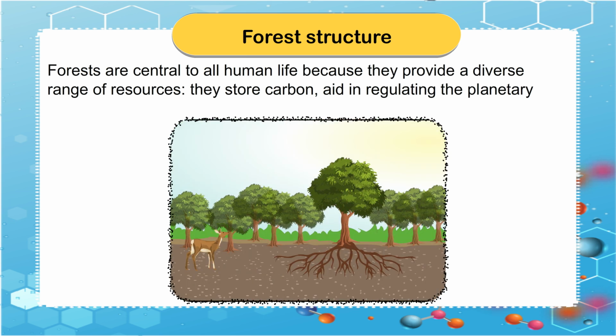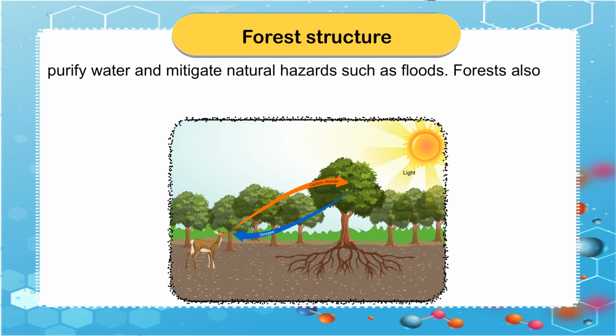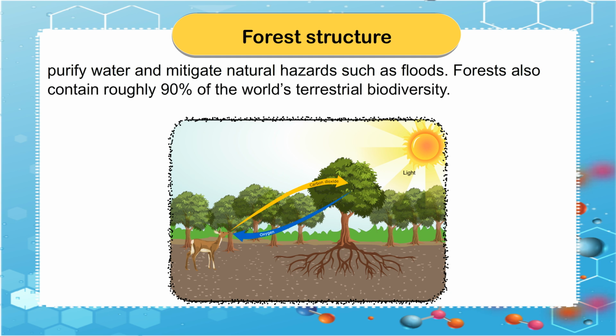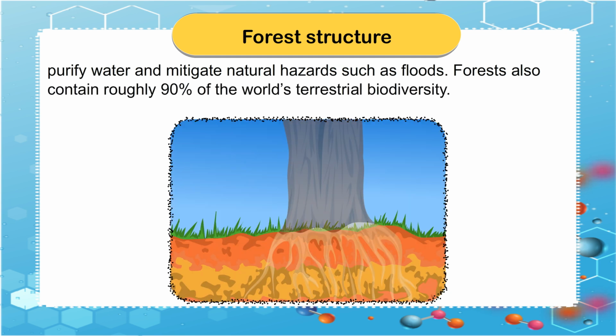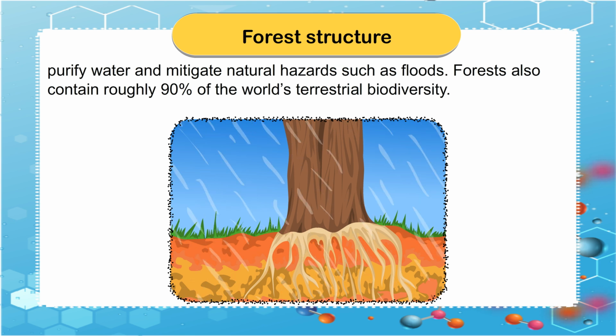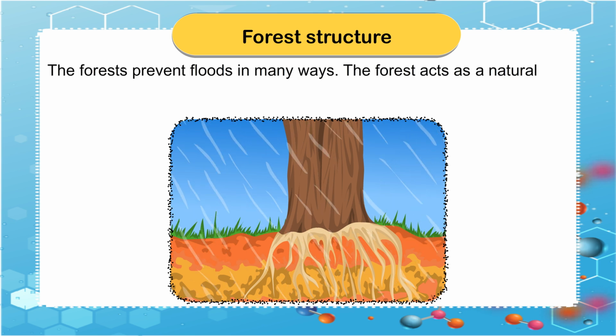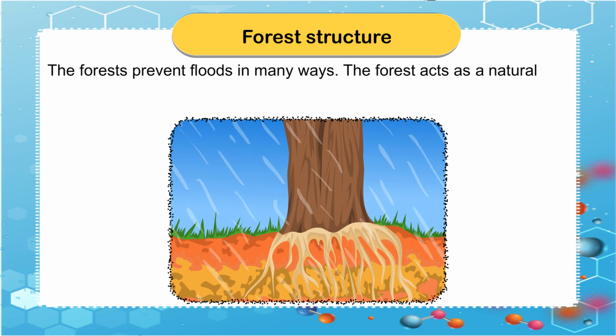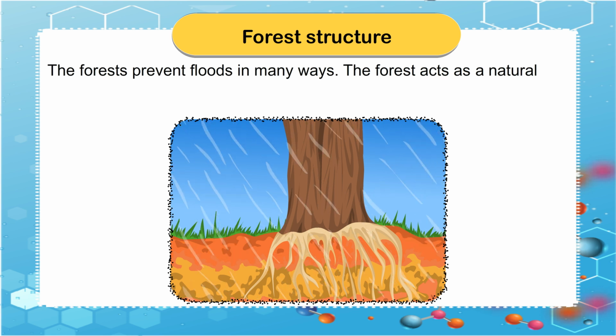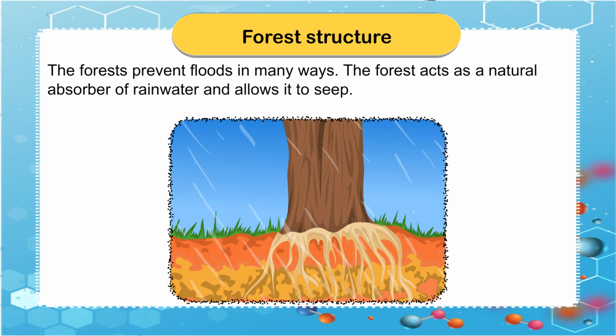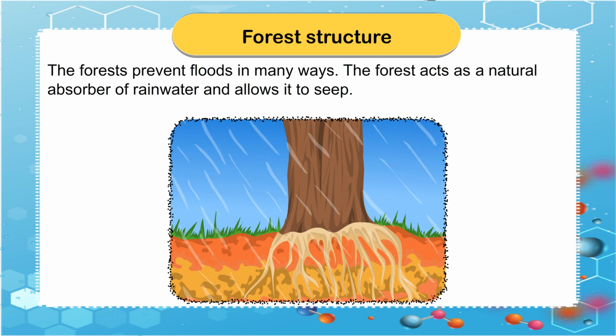Forests are central to all human life because they provide a diverse range of resources. They store carbon, aid in regulating the planetary climate, purify water, and mitigate natural hazards such as floods. Forests also contain roughly 90% of the world's terrestrial biodiversity. The forests prevent floods in many ways. The forest acts as a natural absorber of rainwater and allows it to seep.